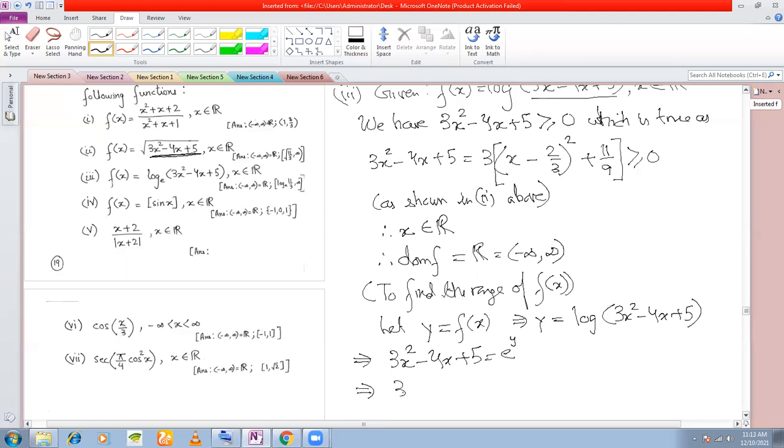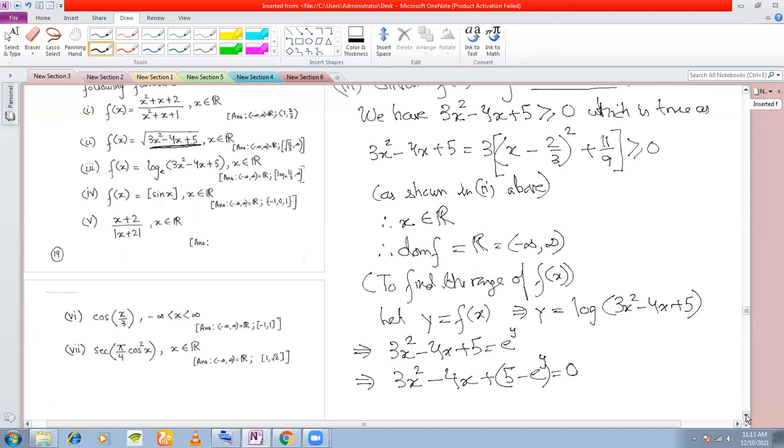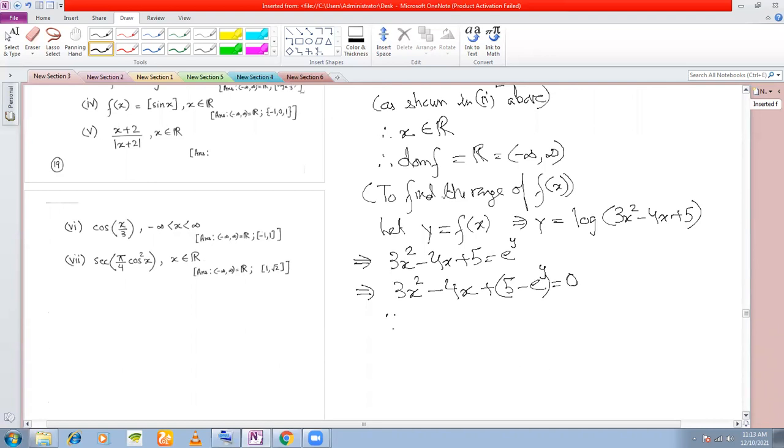Now I can express this as a quadratic in x once again. This is a quadratic in x. And since x is real, the discriminant must be greater than or equal to 0.